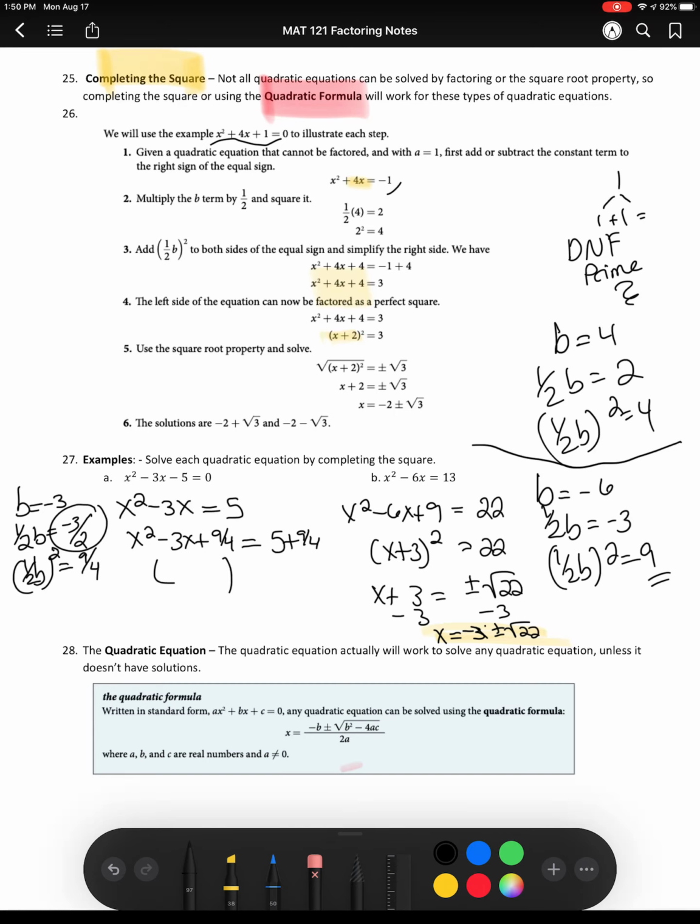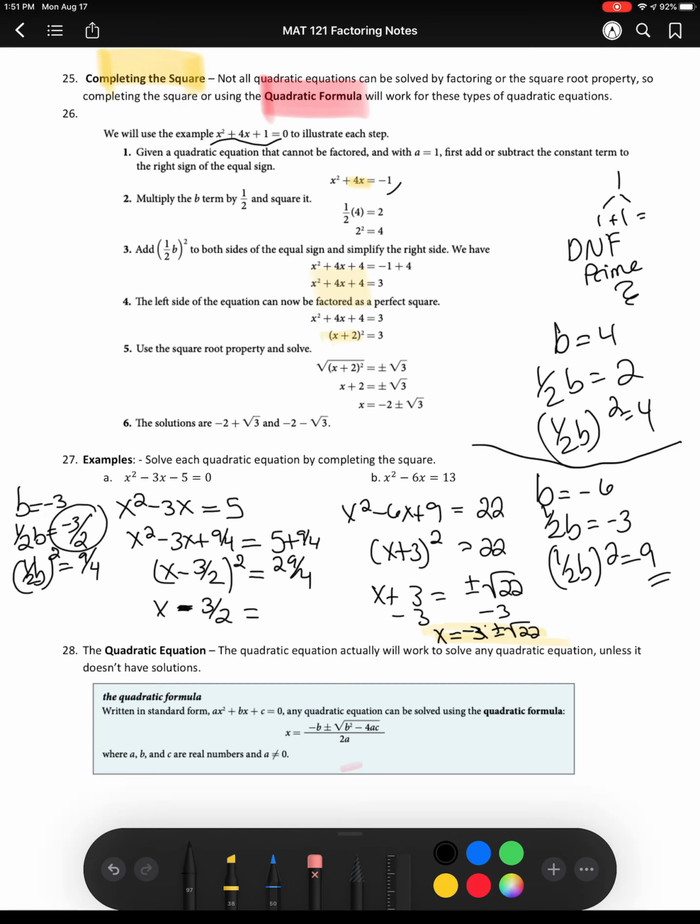Now, how do I know what that's a perfect square trinomial of? Use your half b. Half b is negative 3 halves. That's what's going to be there. And I put 5 plus 9/4 in the calculator, and I got 29/4. Take the square root of both sides.